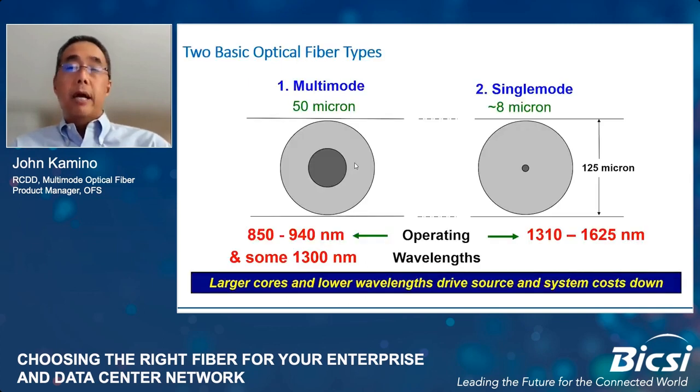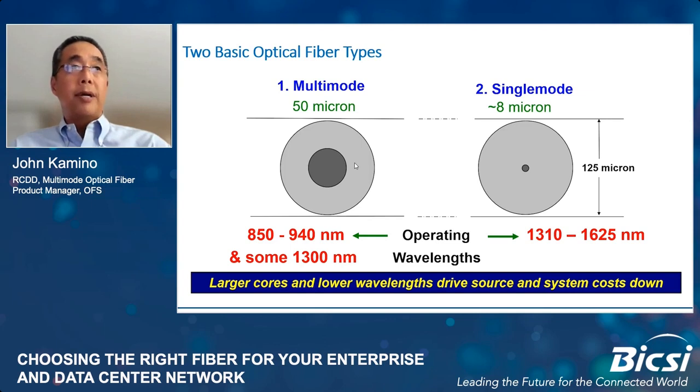So with that, I'll start with this introduction into some basic fiber technology. There are two types of fibers that are used in enterprise networks today, multimode and single mode. Both have a 125 micron outside clad diameter, but multimode fiber has a larger 50 micron core, while single mode has a smaller 8 micron core.